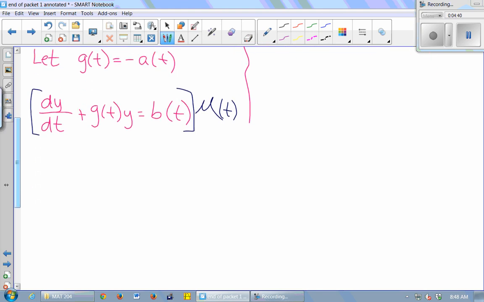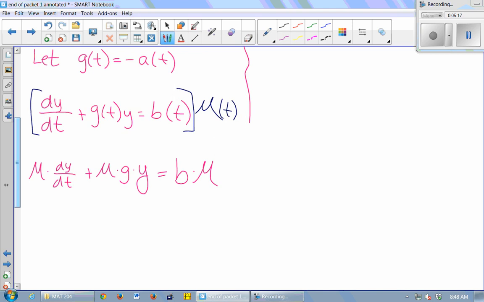So on the left, I'm going to have mu times dy dt plus mu times g times y, equals b times mu. I left off the of t's to make things look cleaner. I multiplied every term on both sides of the differential equation by mu, and mu is some function.